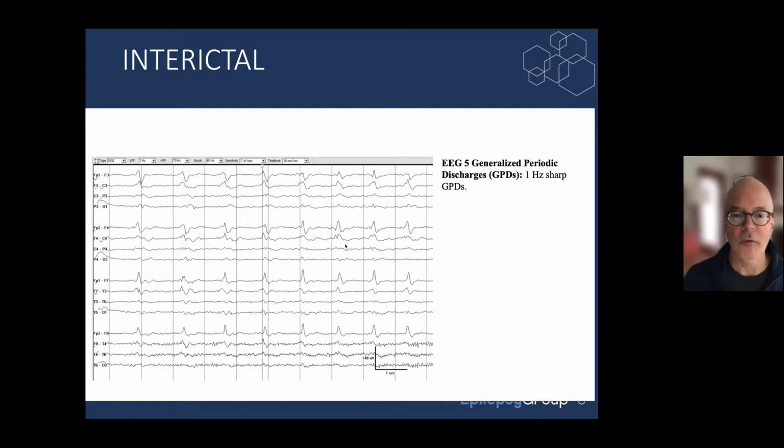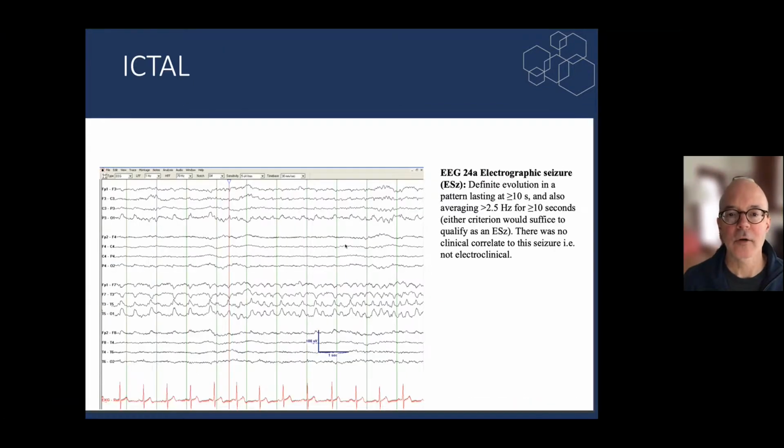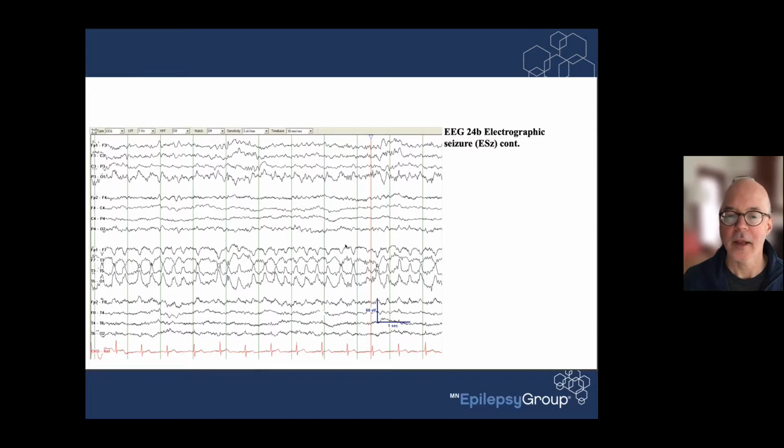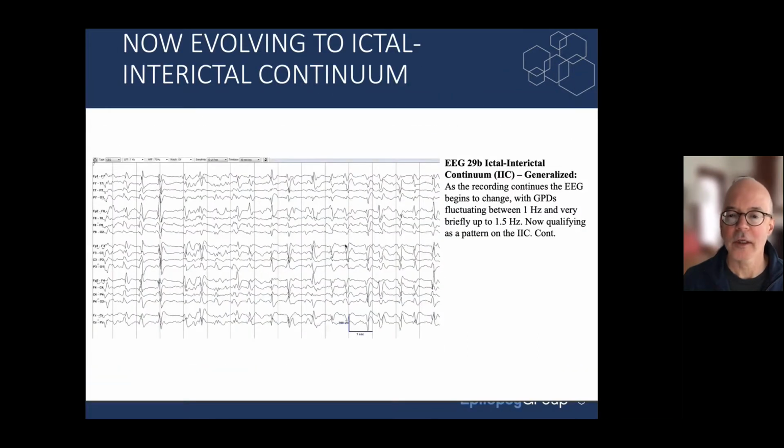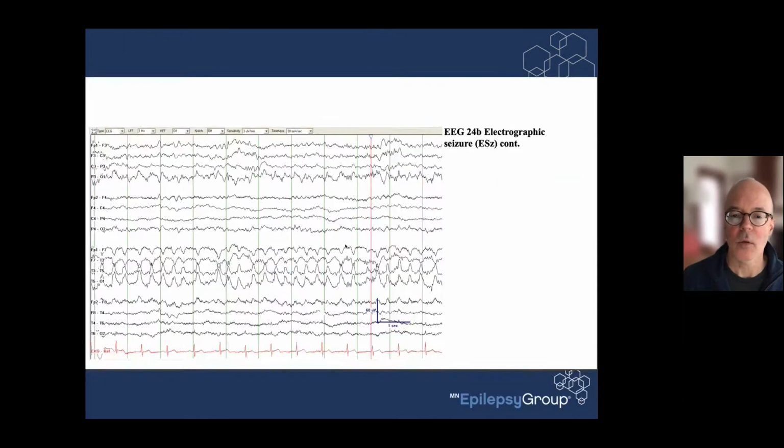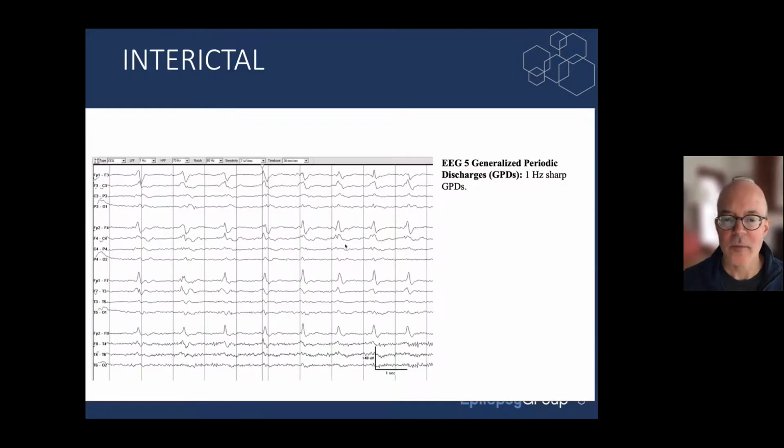Now, the next few slides will be interictal, ictal, and then getting more into the continuum. So let's start with the interictal. This, I think most of us would probably call not on the continuum and not seizure activity, more of an interictal pattern.